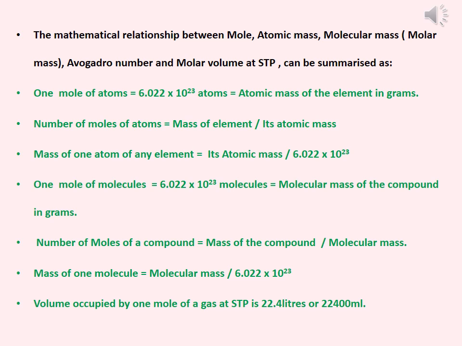Volume occupied by 1 mole of, say, carbon dioxide gas at STP is 22.4 liters or 22,400 ml. Volume occupied by 1 mole of methane gas, CH4. Methane is CH4, carbon 12 plus hydrogen 4, 16. So 16 grams of this gas, methane, is 1 mole of gas at STP. This gas would occupy a volume equal to 22.4 liters or 22,400 ml.